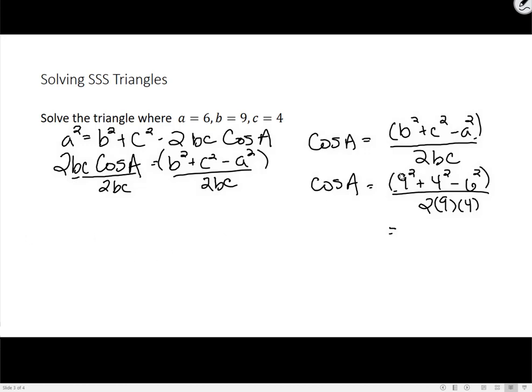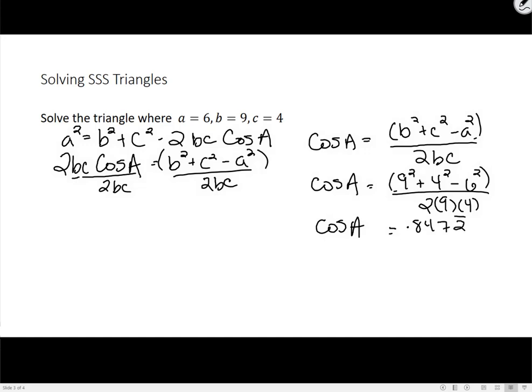That's why I'm not sitting here trying to square those first and rewrite it with these numbers squared. I'm just going to put it just like this in my calculator. And when I do that, I get that cosine of A equals 0.847, and then 2 repeating.